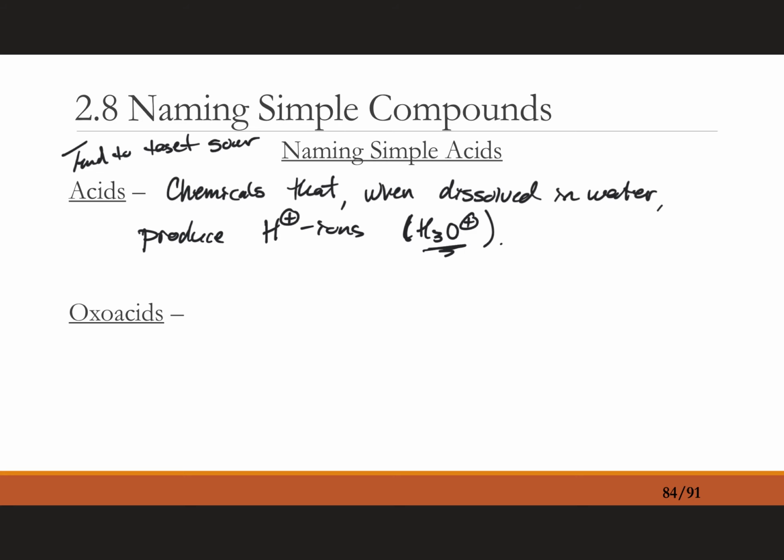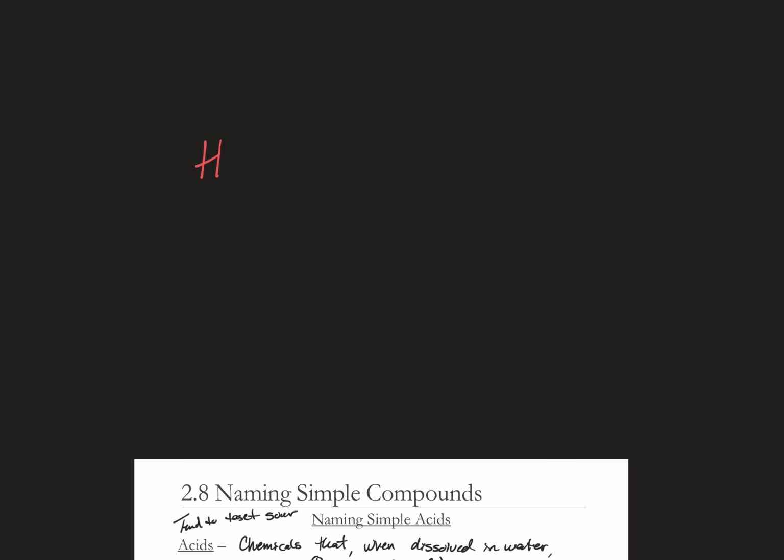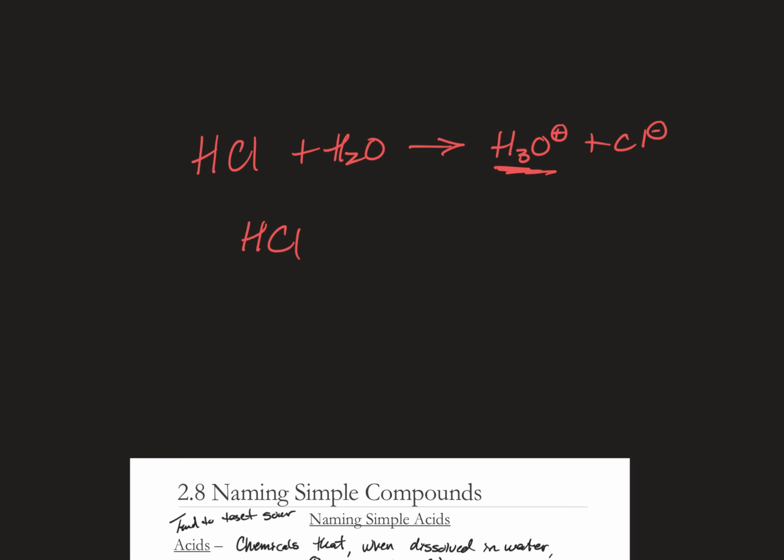So an example of an acid is HCl. HCl is actually a strong acid. When HCl and water come together, they make H3O plus and a Cl minus. But the extra hydrogen on that water in the H3O plus can just behave as if it's an H plus ion by itself. So we could simplify this process to being an H plus and a Cl minus. This is going to act as an acidic hydrogen atom, also known as just a proton.